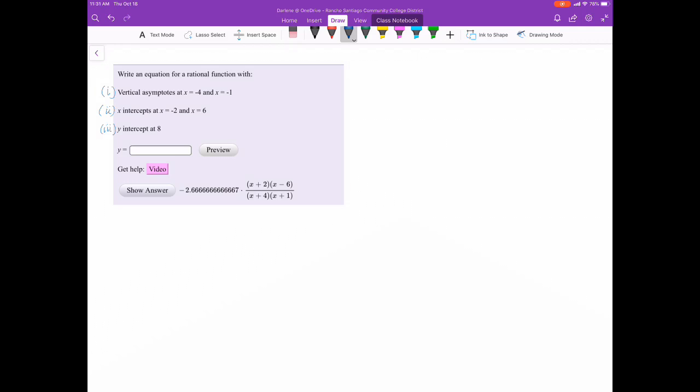So, there's a couple of things we need to recall. Recall that first, where a rational function is undefined is where the denominator is 0.